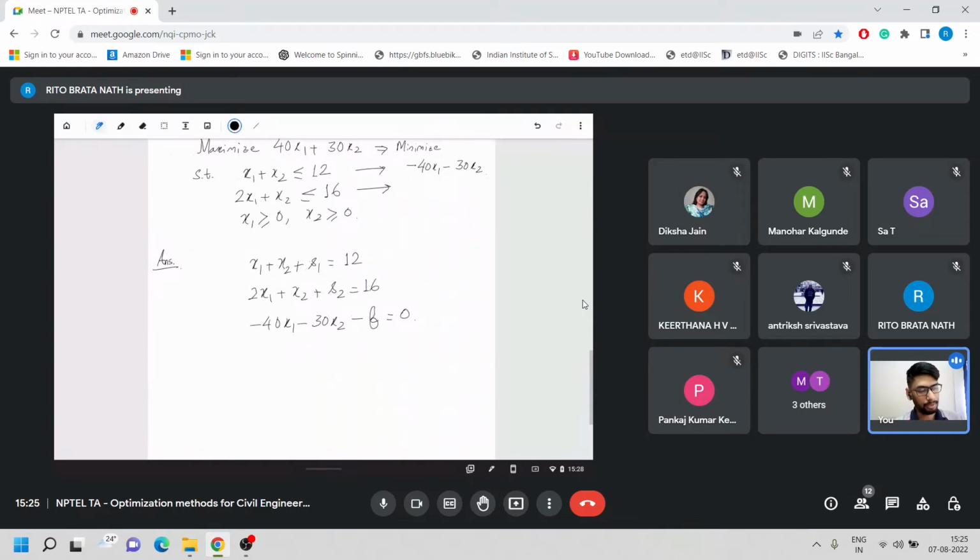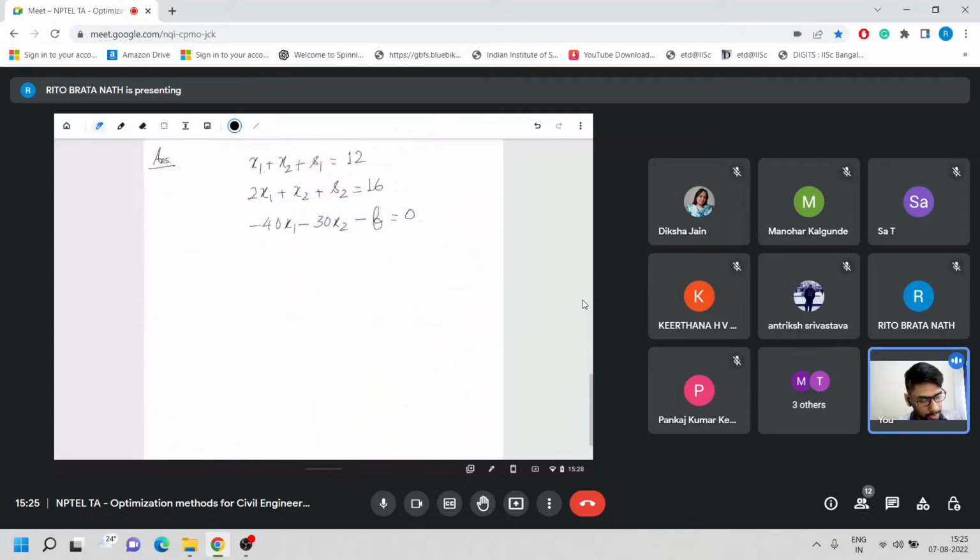Now I'll write down your basic variables. This is your iteration one, and then you have your variables x1, x2, s1, s2, then your f, then you compute bi, then bi by a.